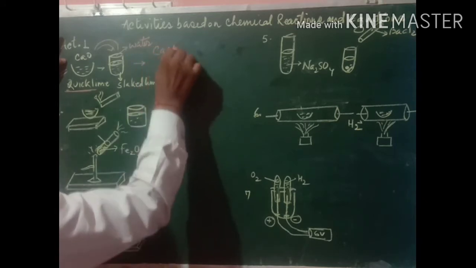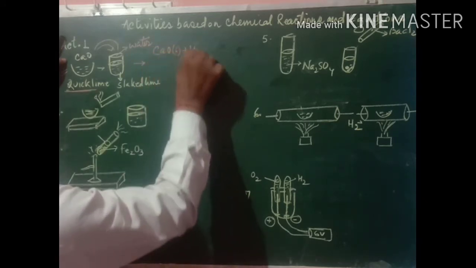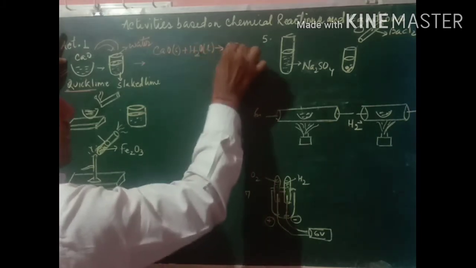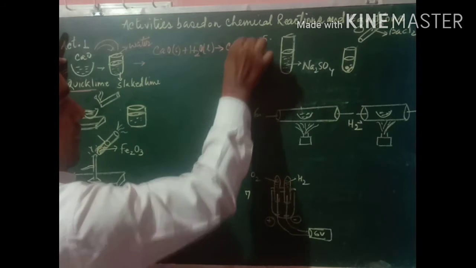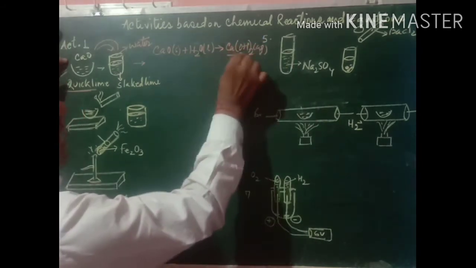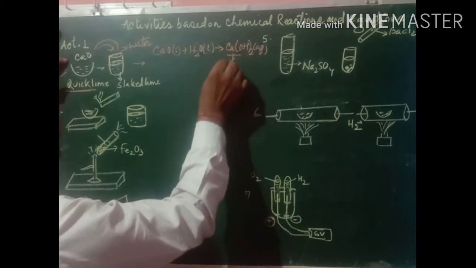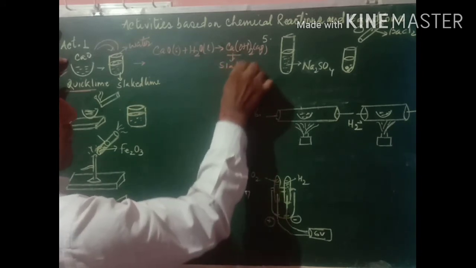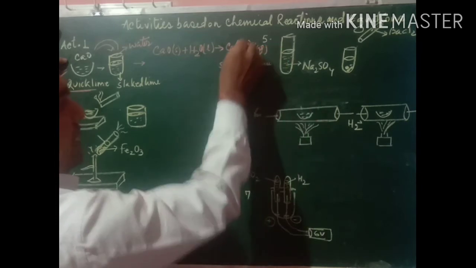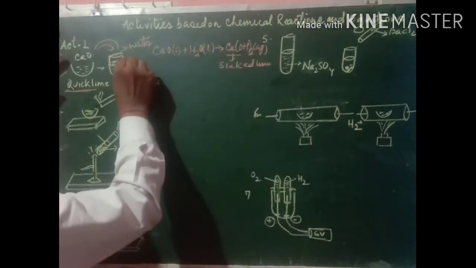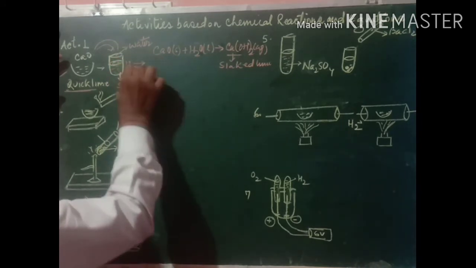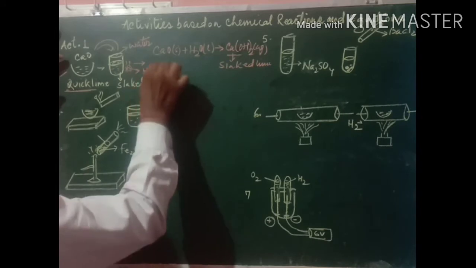Calcium oxide, which is solid, when dissolved in water, forms calcium hydroxide. This calcium hydroxide is known as slaked lime. Actually, students, during this reaction, some heat is also produced.